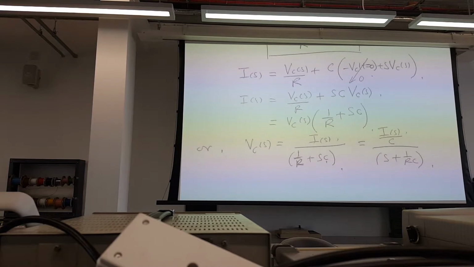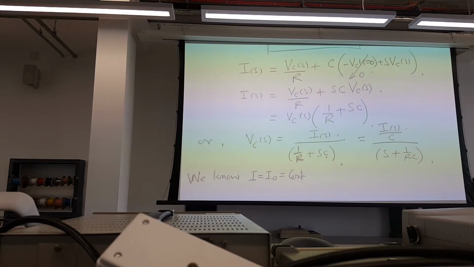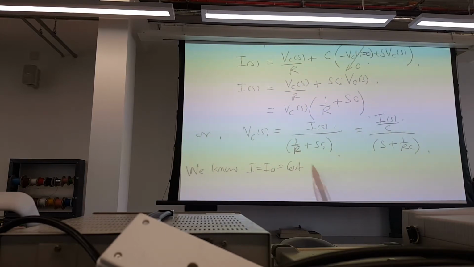Have you seen this formula before? Yeah, it's a familiar formula. But of course, we know I equals I naught equals a constant. We know that, and because we know that, what that implies is that I of S equals, someone guess? What's I of S equal to?